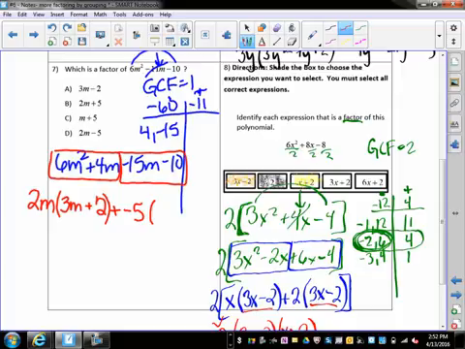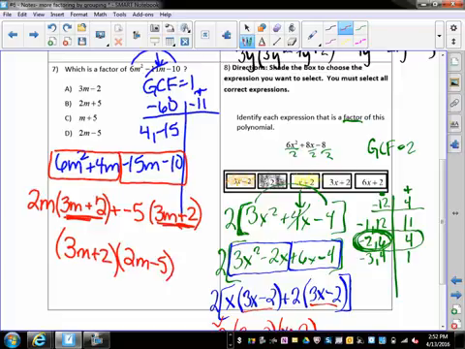You have to take out that negative, otherwise it's going to be a negative here and it won't match. 3m más 2, más 2. So plus 2. Close your parentheses. Insides are the same. 3m más 2. And then what's left behind? Negativo 5. Alright, which one's up here?